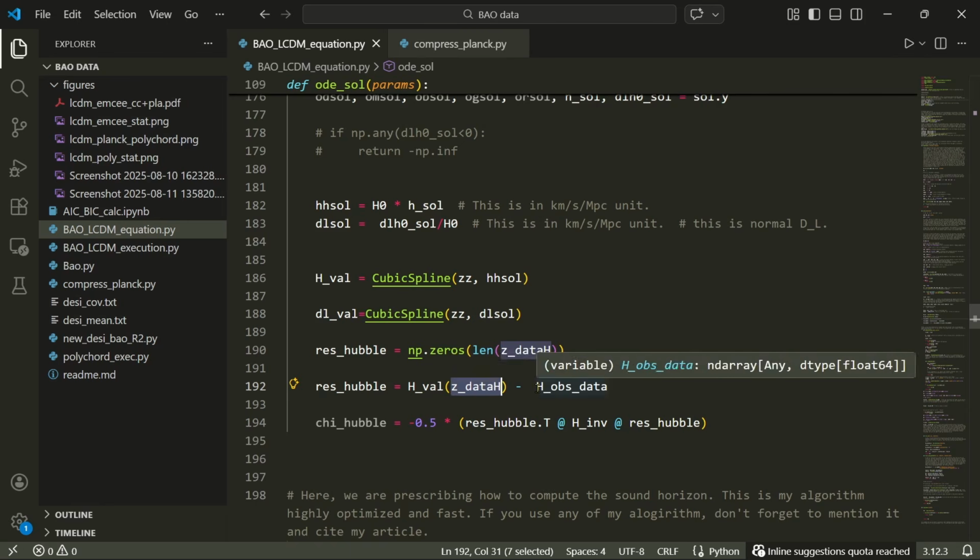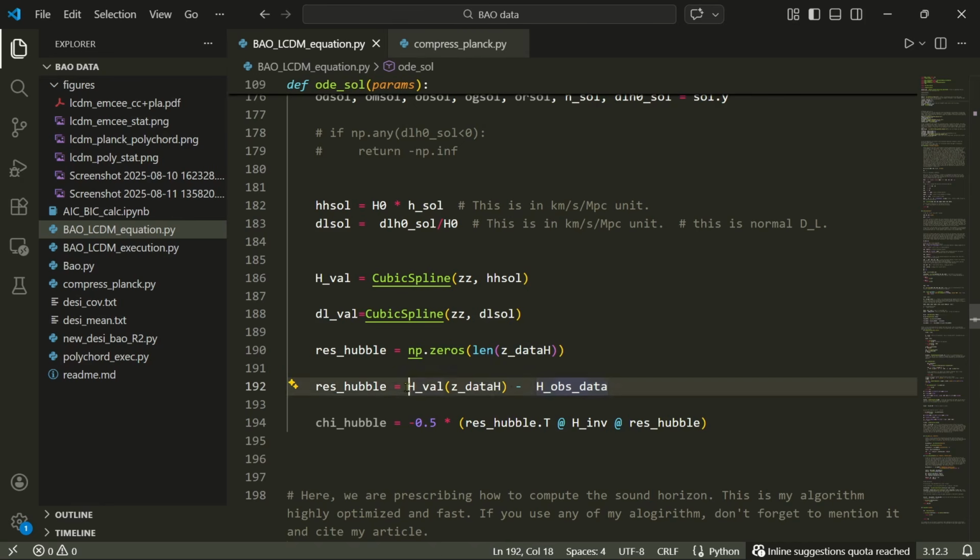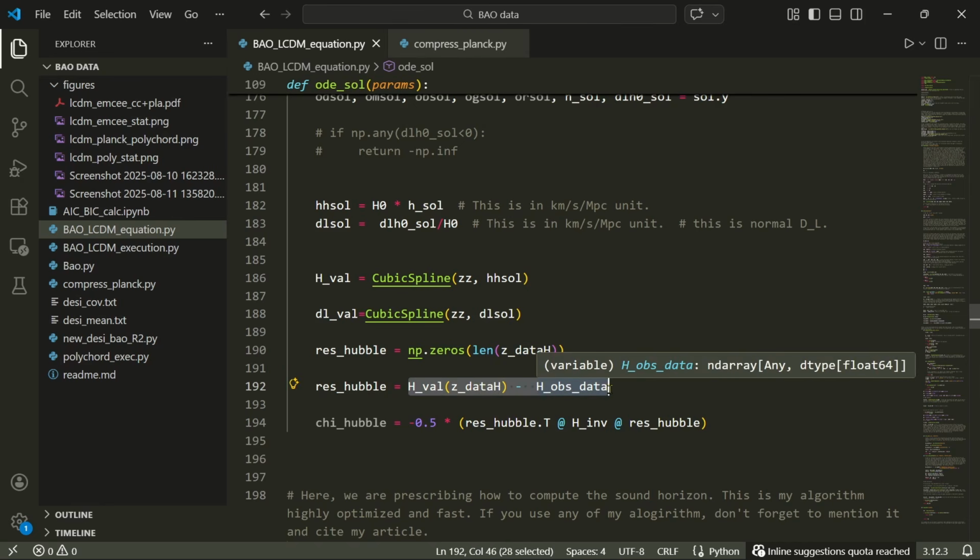And comparing the value with the y observation, and taking the subtraction, that is called the residue. You understand the point? That I have the Hubble function, and I want to know what this theory is actually predicting for the value of Hubble at each distinct redshift that has been obtained from the observation. Once I have that value, I will compare directly with the observation value.